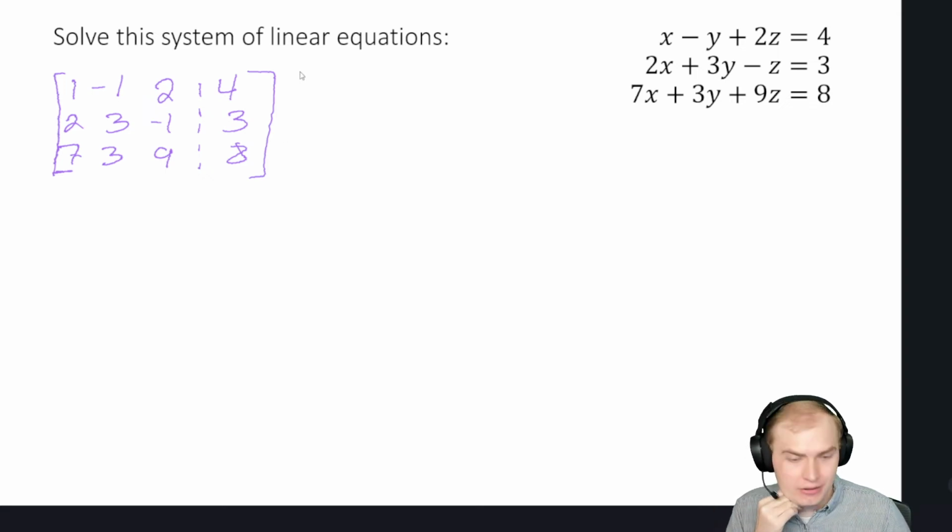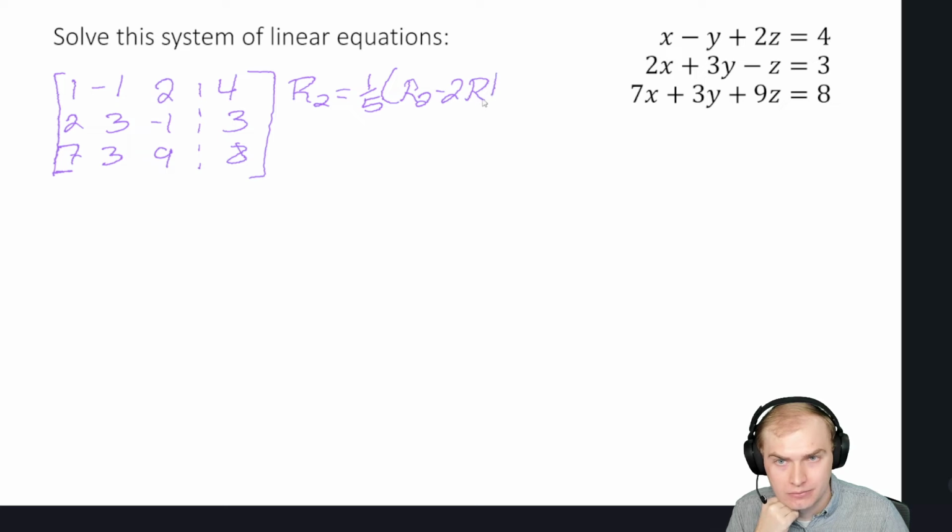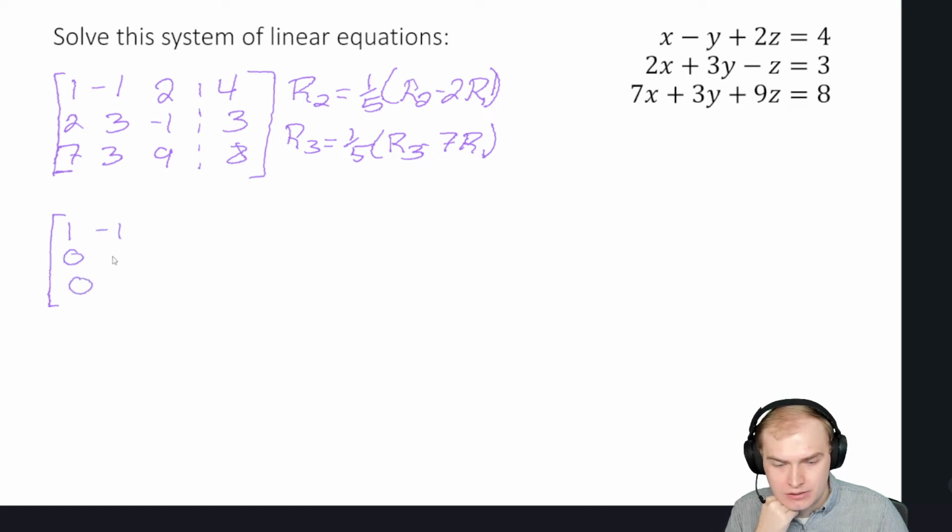So just to be quick about this, I'm going to combine a few row operations into one step and show you what you ought to have learned in linear algebra about how to solve these things. So, systems of linear equations.